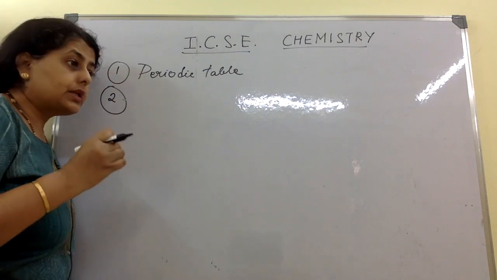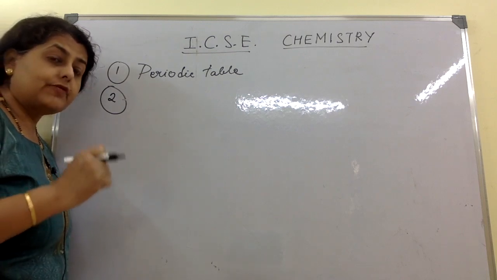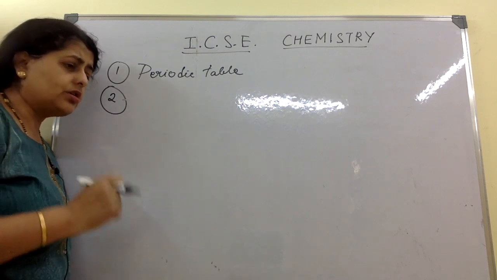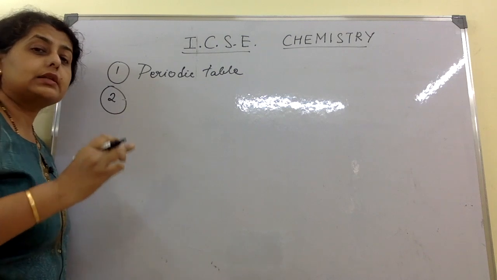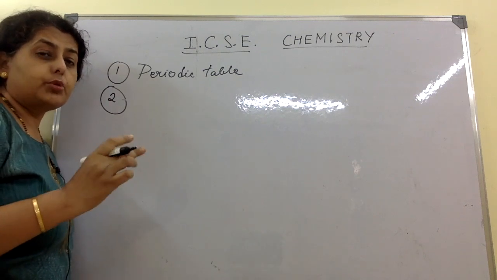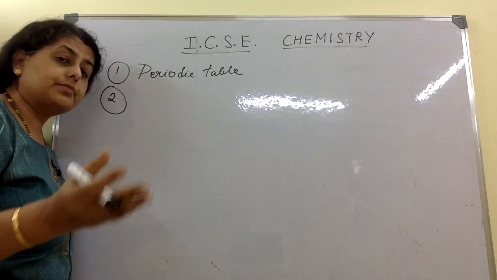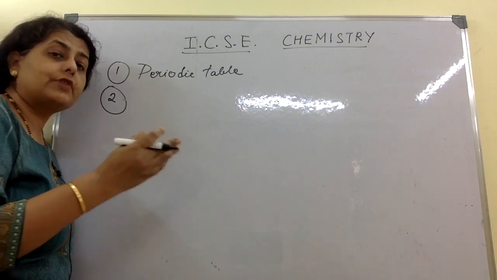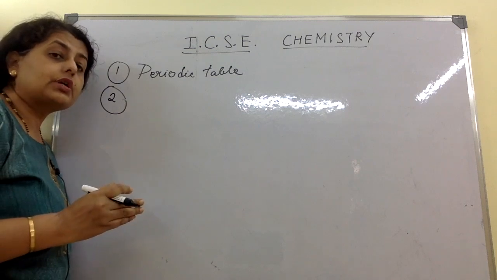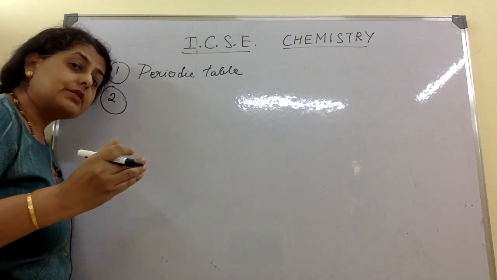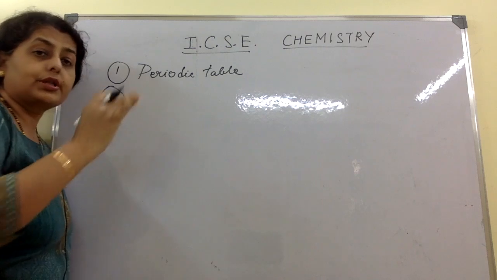Now another thing you have to give a lot of importance to, write them separately, are the industrial methods. You have about 3 to 4 industrial methods. One is metallurgy of aluminium, then you have Haber's, you have Ostwald's. All these industrial methods, give them special importance.